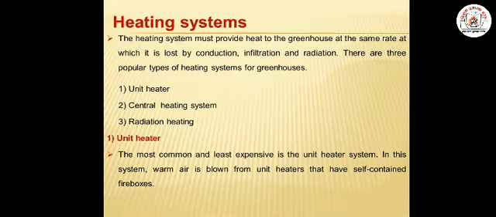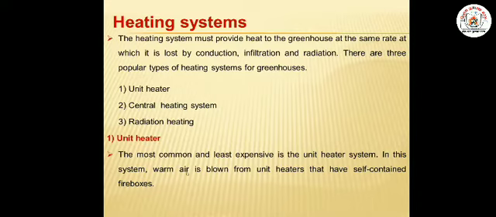There are three popular types of heating systems for greenhouses: the unit heater, the central heating system, and the radiation heating system. Among them, the first one is the unit heater. The most common and the least expensive is the unit heater system.